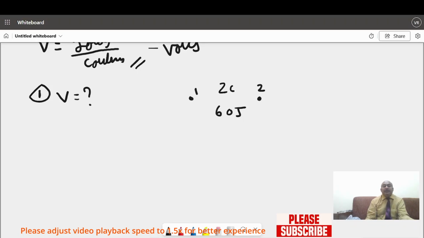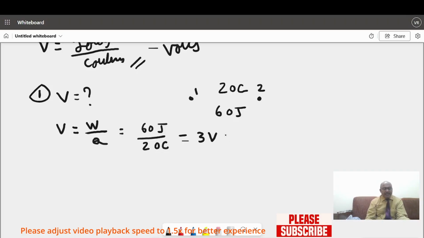So this is 20 coulombs. What is the formula for voltage? Above I mentioned, voltage is equal to W by Q, which is 60 joules by 20 coulombs, equal to 3 volts or 3 joules per coulomb. Similarly, if you want to calculate energy, the same equation you can use.